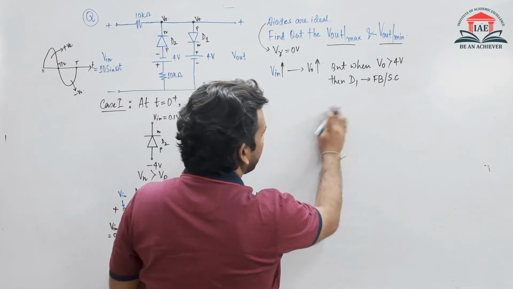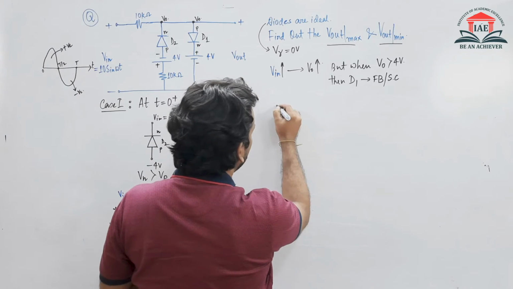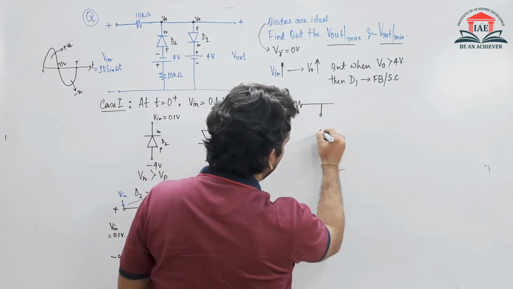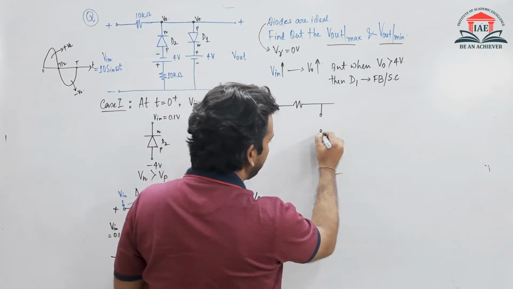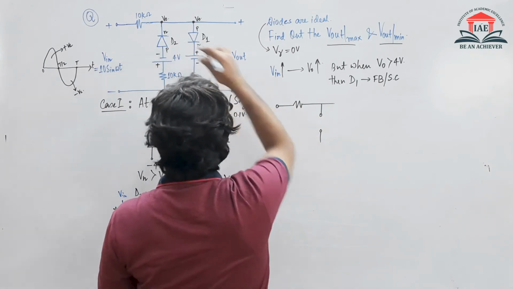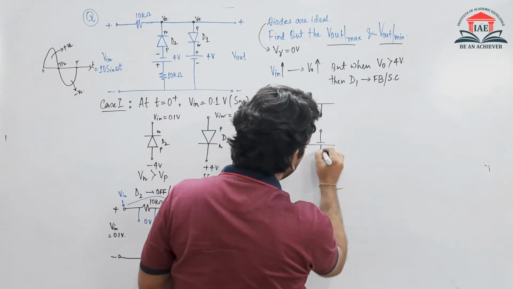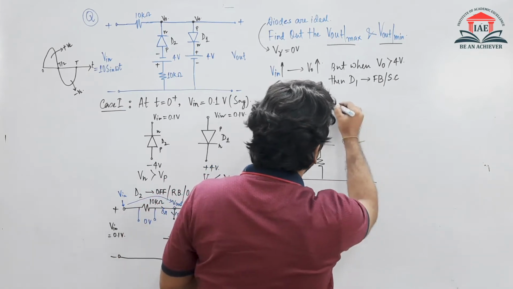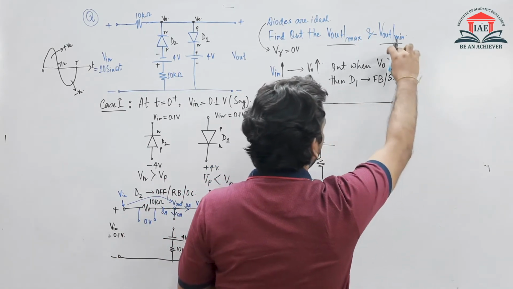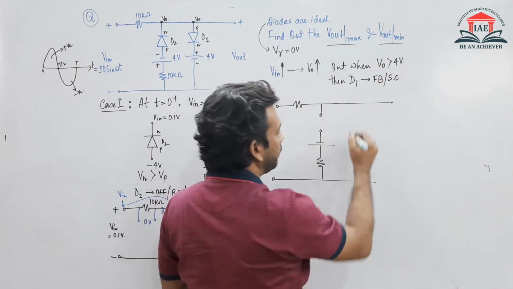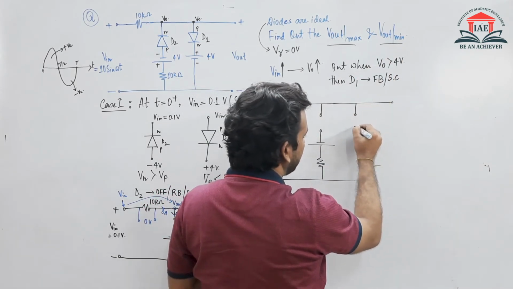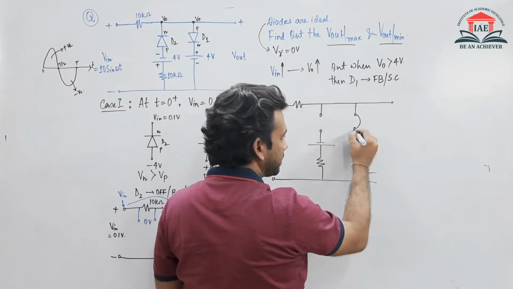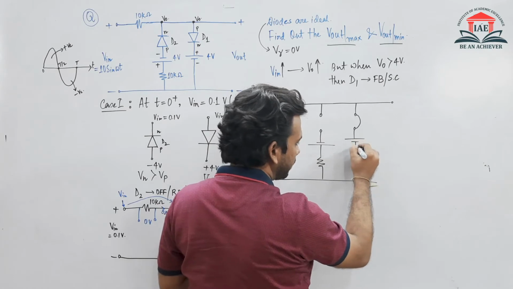So what will the equivalent circuit be then? The equivalent circuit will look like this: there is a resistance here, there is a diode here which was open circuited, the D2 diode, and here there was a minus 4 volt. There is a resistance here. This is the input voltage, and right now, since the output voltage has become greater than 4 volt, the D1 diode will be short circuited because it is forward bias, and here there is a 4 volt.